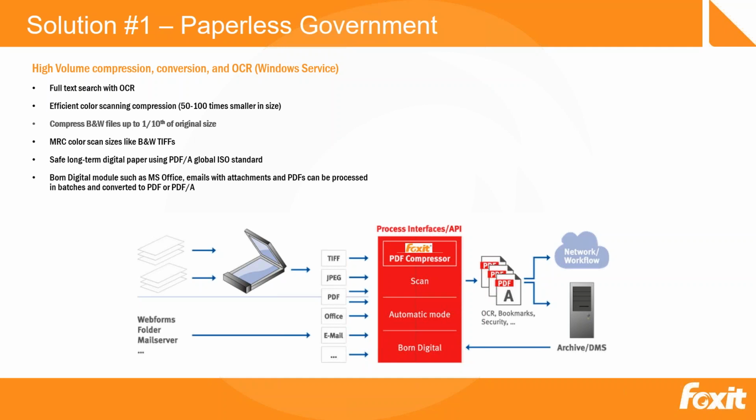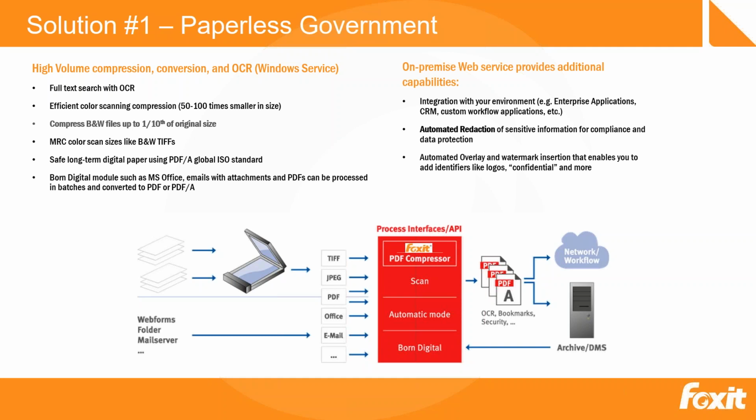This is all through our solutions, as well as integration into larger applications. So if you have SAP, or you need integration into your Outlook to archive emails, we have all that through an on-premise web service that can provide the same functionality into your larger application or your custom workflows.